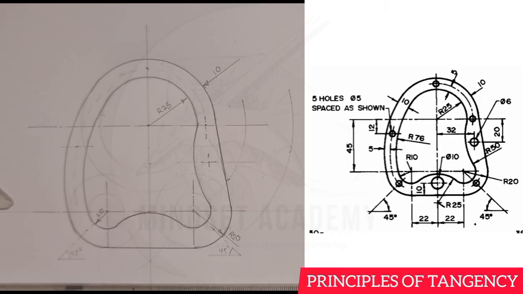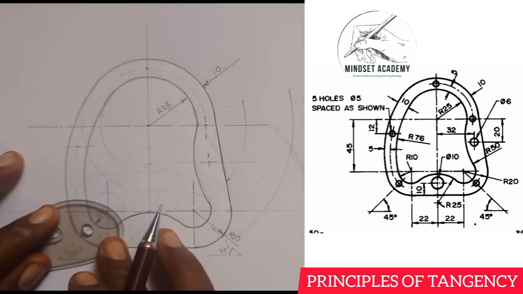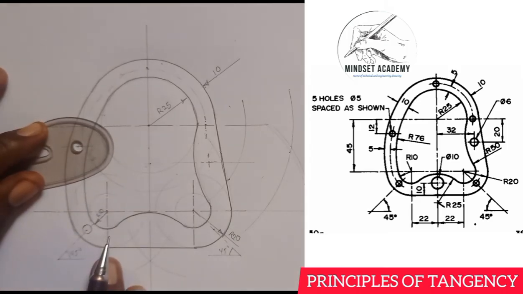It is very small, right? So you can use this. This is what 5 millimeter looks like. So I'll place it at that point here. Radius of 2.5, right?